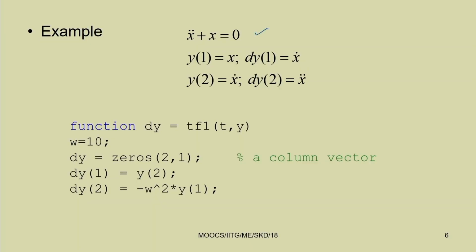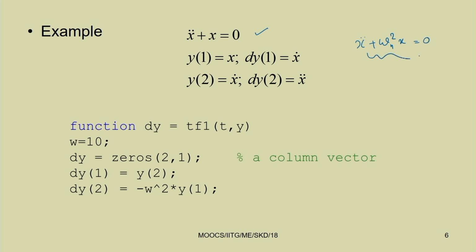If you have a second order differential equation, for example x double dot plus x equal to 0, you know the closed form solution. This equation can be written as x double dot plus omega n square x equal to 0, where omega n square equal to 1.